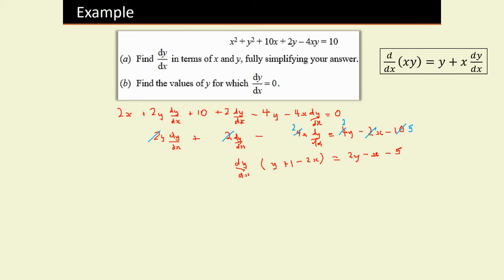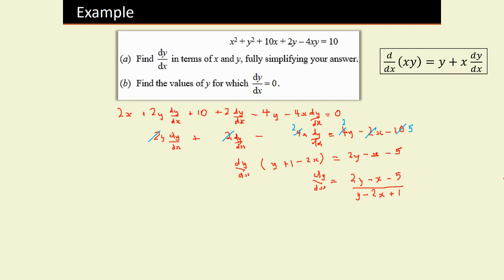And then do the division. So dy by dx is equal to 2y minus x minus 5, all over y plus 1 minus 2x. I might rewrite it this way around just because I like having my x's and my y's first, but it doesn't really make any difference. And that's the first part.